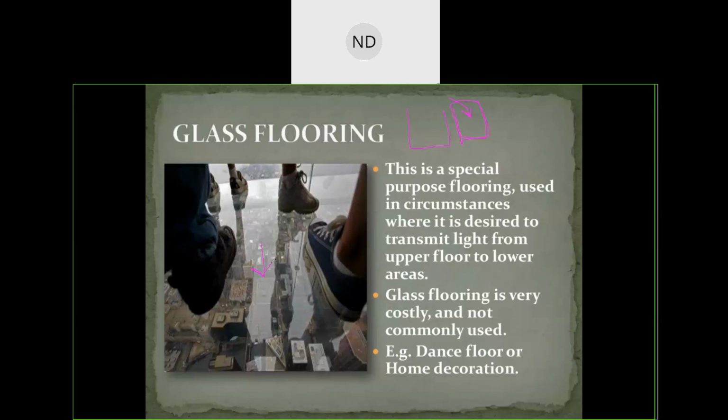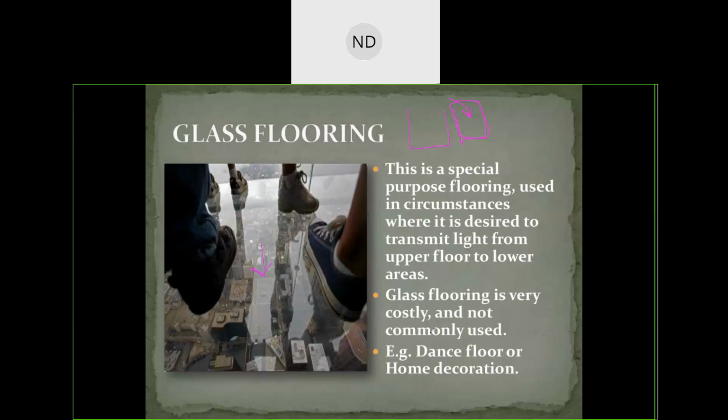Nowadays so many buildings are constructed so near to each other that no light comes inside your house. So this is another way which will help you somewhat in the transmission of light from upper floor to lower areas.